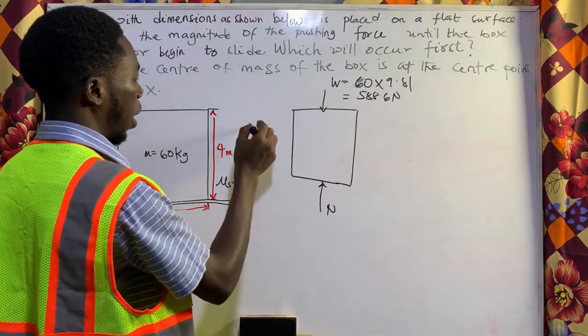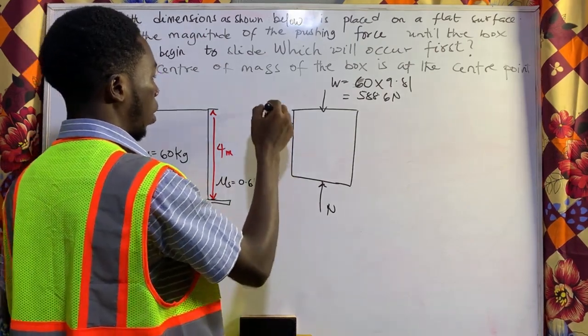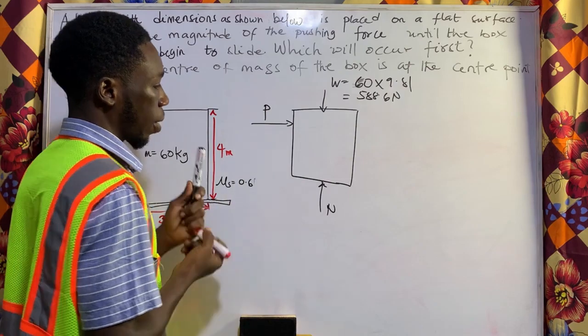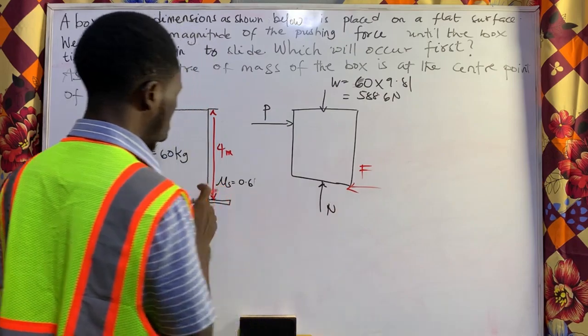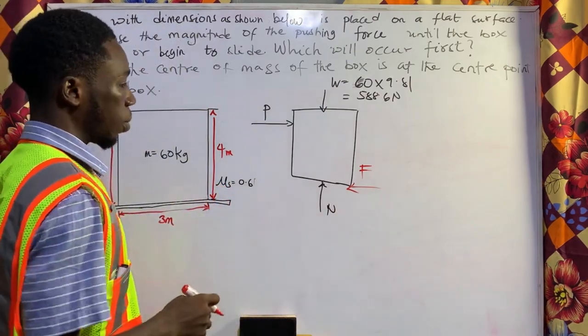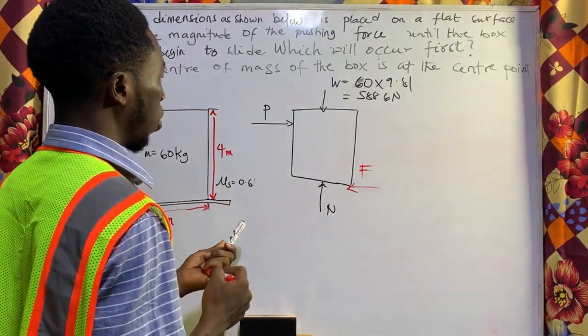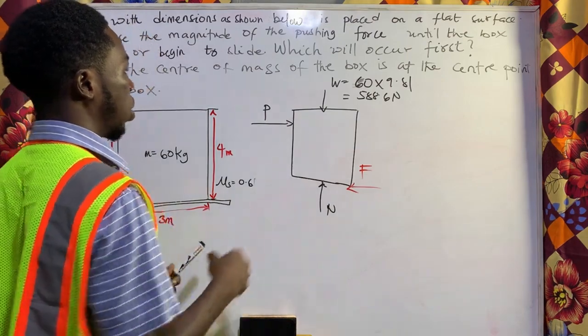And then we have the applied force here. And we are going to have the friction force here, which is due to these two surfaces in contact. All right. So now this system is actually in equilibrium.